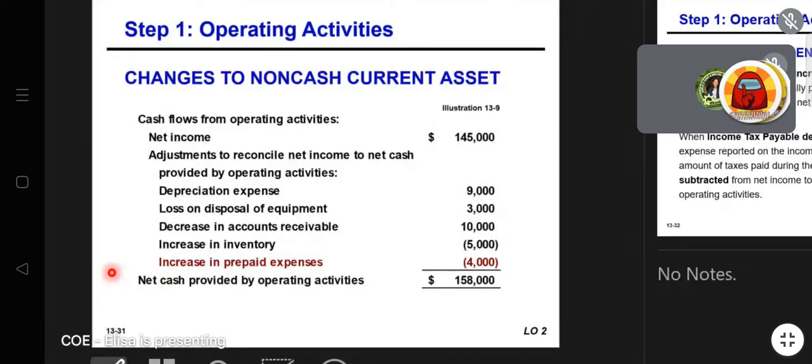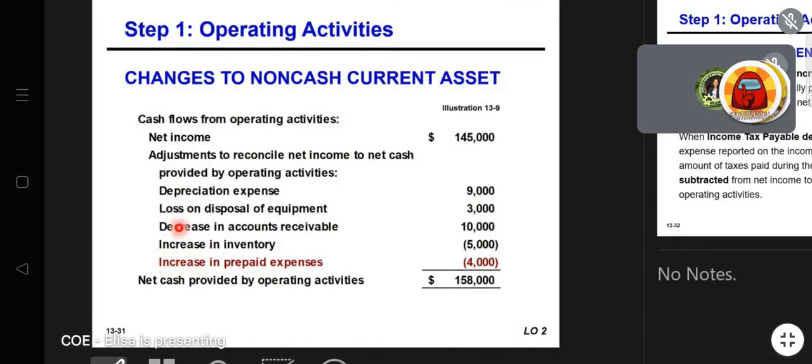So at this point, that's it. We are done with analyzing. Let's go back: first is depreciation, next is loss on disposal, and then for the next three, we look into the items in the current assets other than cash.